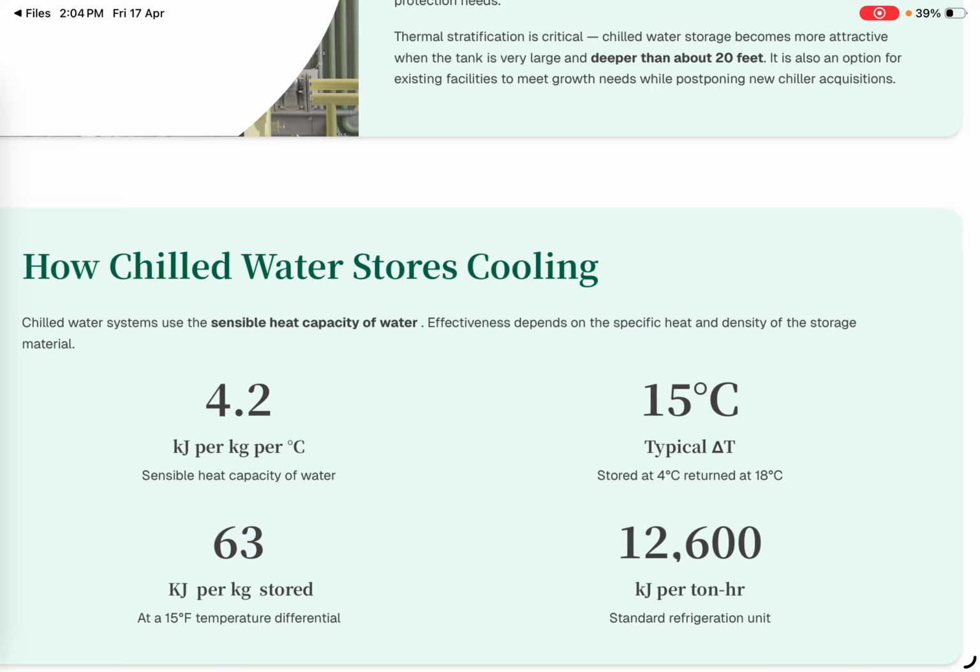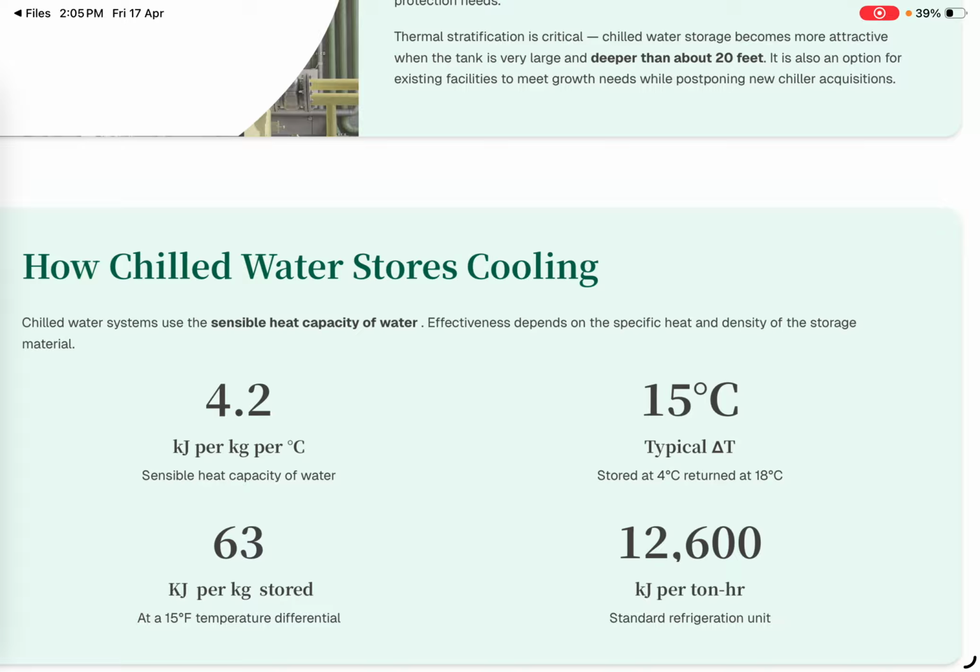It means per kg that water is going to store 63 kilojoules of energy, and hence if you want to build a chilled water tank which is going to store 1 ton of refrigeration, then you can calculate that 12,600 kilojoules of energy has to be stored per ton hour of the water tank.